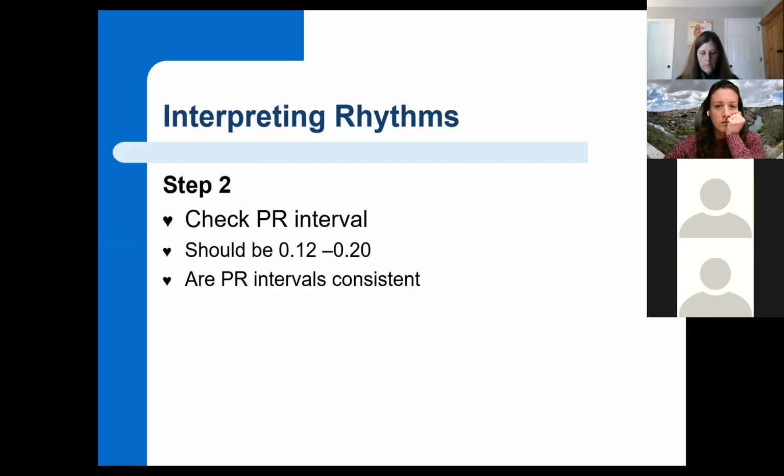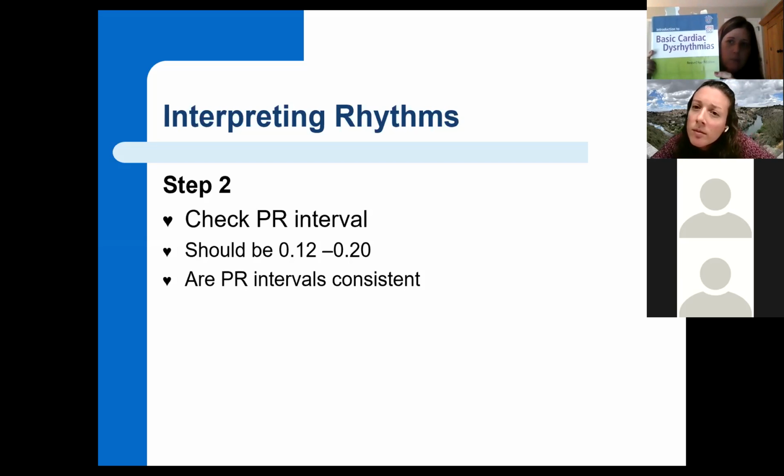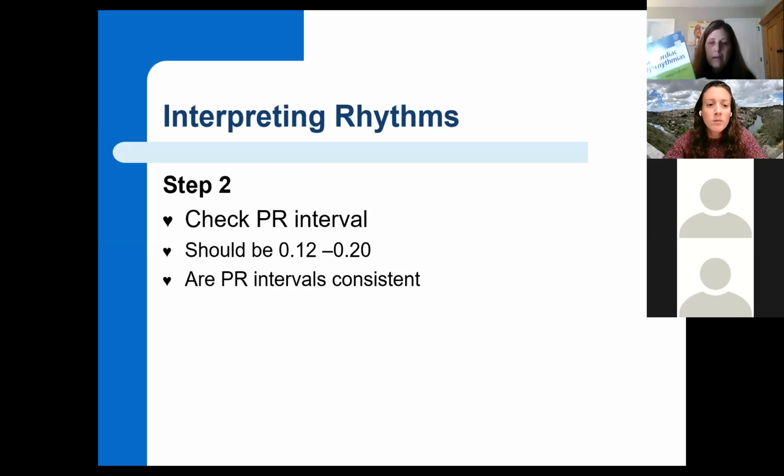Sorry, what books are you suggesting? Because someone said I got a book that you suggested, so I didn't hear anything about it. Maybe it's one of my advisees or somebody that I had in a previous course that asked me. This is the one that I like. You don't have to have it. It's Basic Cardiac Dysrhythmias by Atwood and Stanton. It's something I like to use.